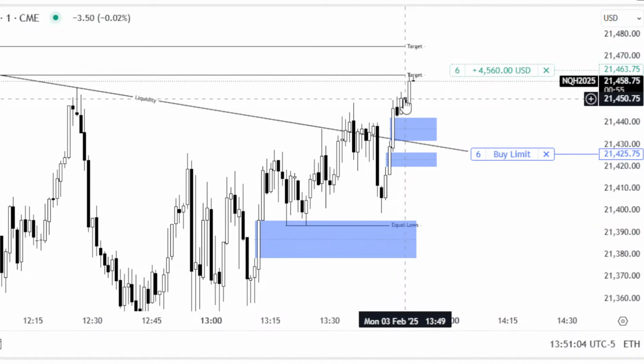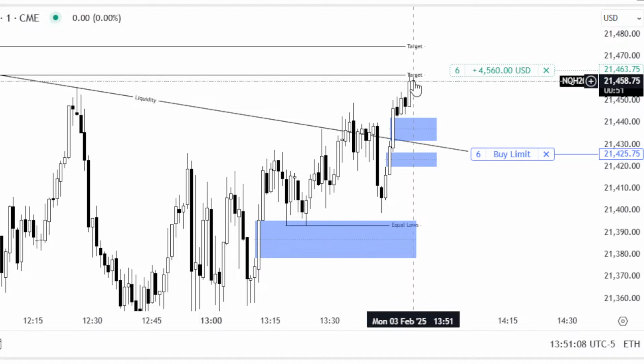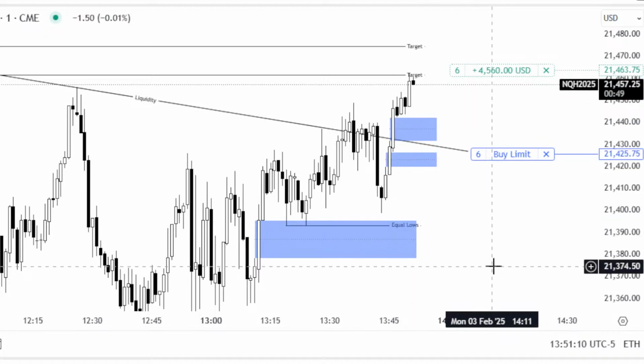I'd see a test in this black candle here to go higher, or just smash right through it. Let's see what it does.